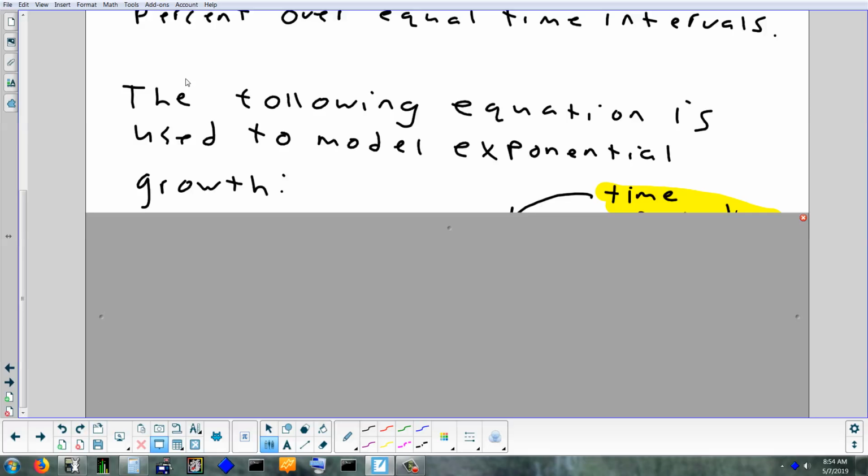Plug in 3 for X and solve. I'm just making up the formula. We give you that formula, and we say X represents years. Just plug in the number of years, and you'll get your answer. We're already giving you the formula. All right?